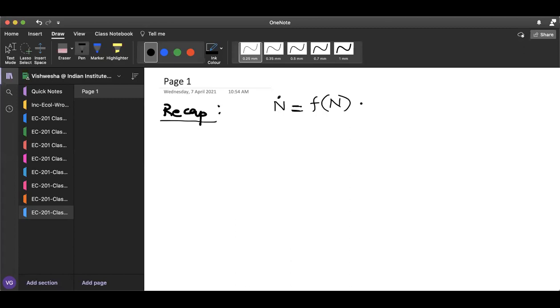Typically this can be written as n times r of n. So r now becomes the per capita growth rate. So by now we would know that n dot corresponds to population growth rate, and n dot by n corresponds to per capita rate.